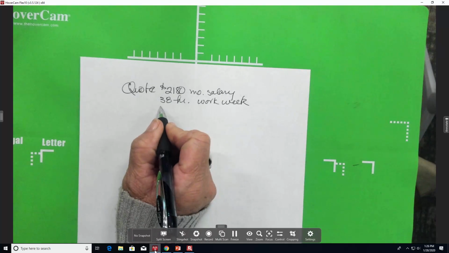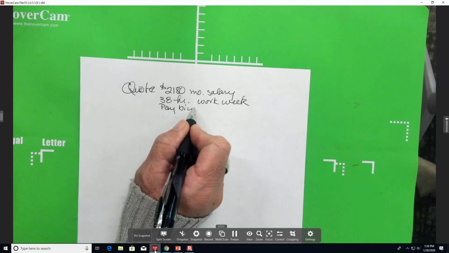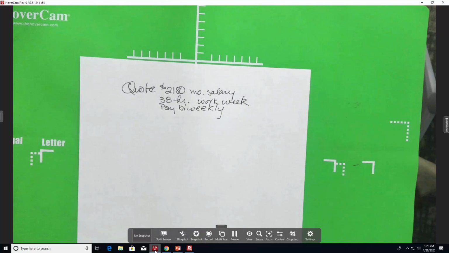And I pay bi-weekly. Is that the same as semi-monthly? How many times a year is that again? 26. Every other week. Bi-weekly. And in one pay period, how many hours then is in a bi-weekly pay period? 80 in a quote-unquote normal, right?